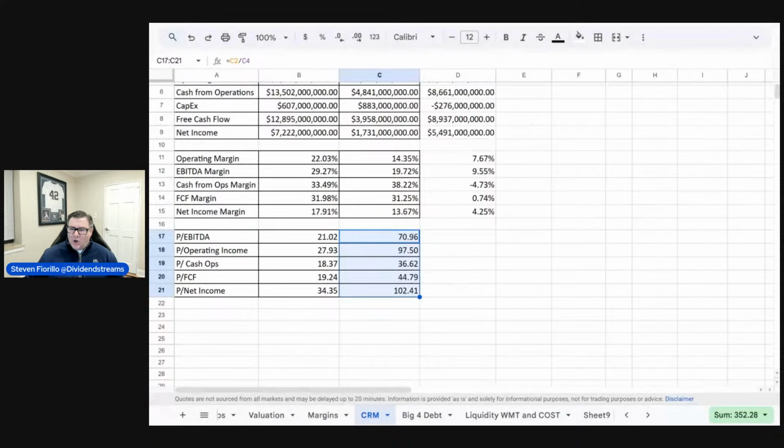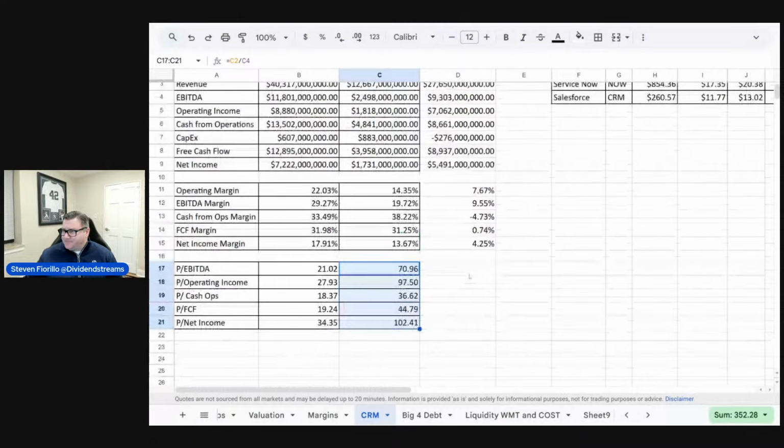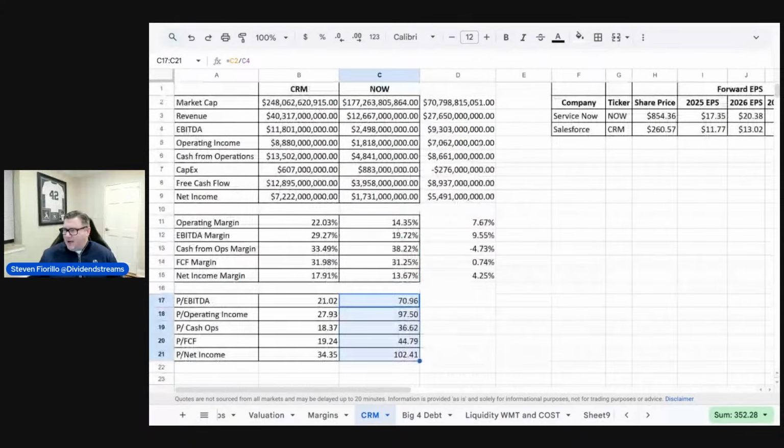All right, so I see some people are saying SAP. Humor me, why would SAP be the right comparable when SAP runs an ERP system? Salesforce does not run an ERP system. I'm happy to do SAP real quick and throw it in there.